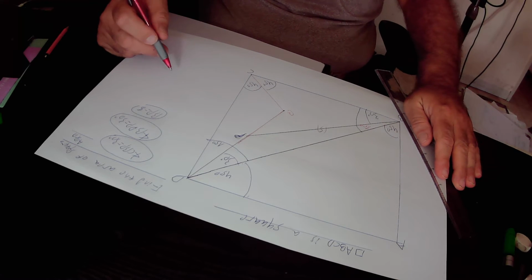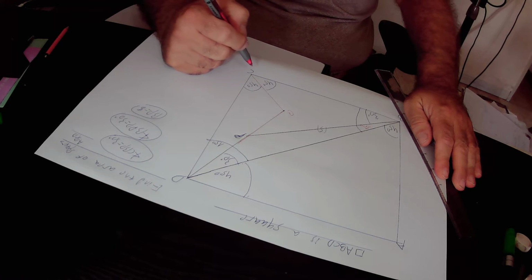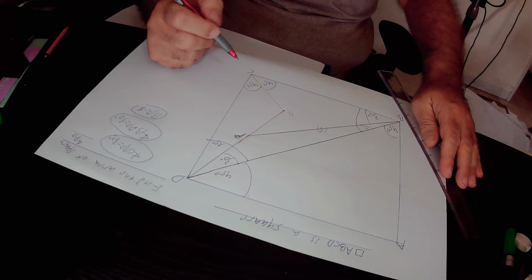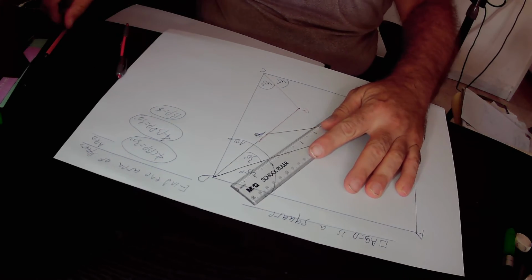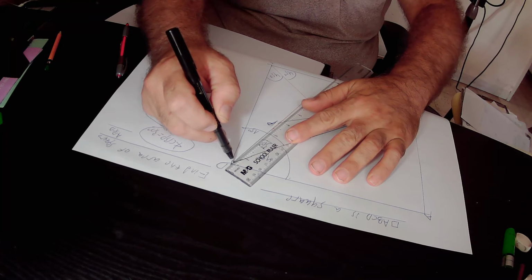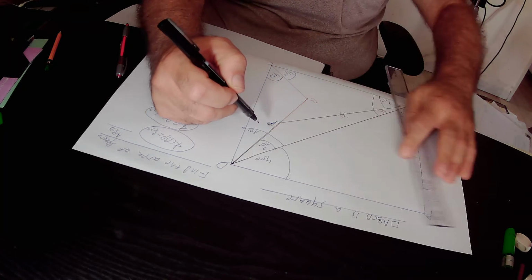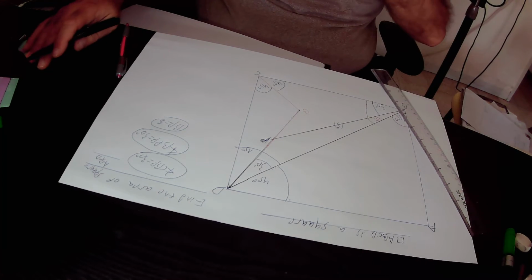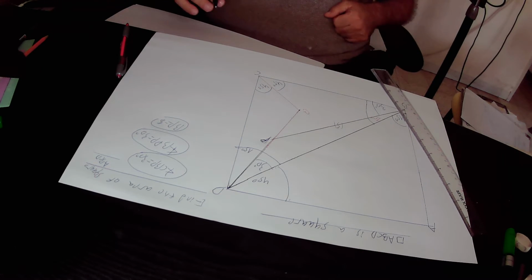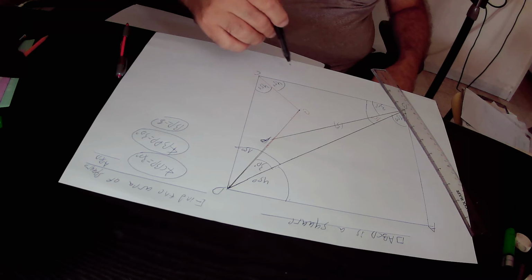So the extended side DP touches angle bisector CQ at point Q. So this is triangle DQC.